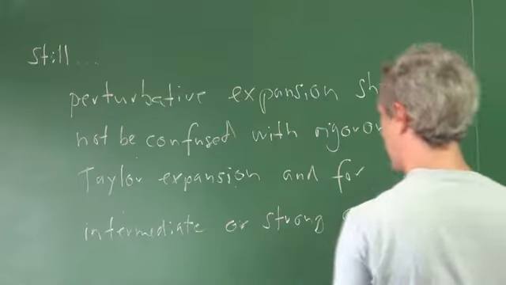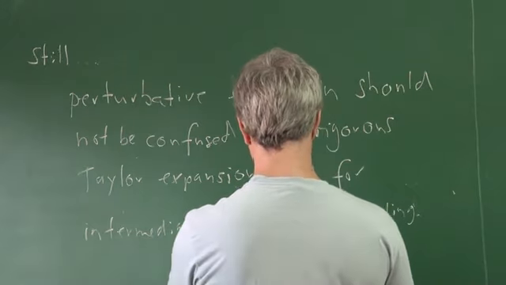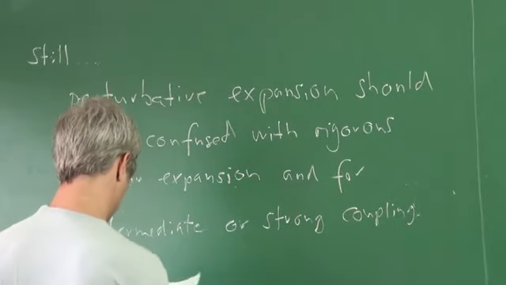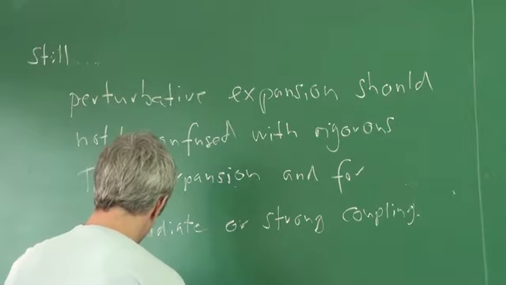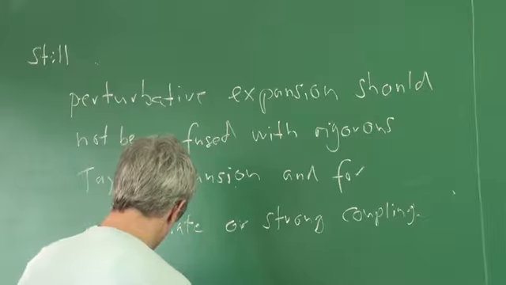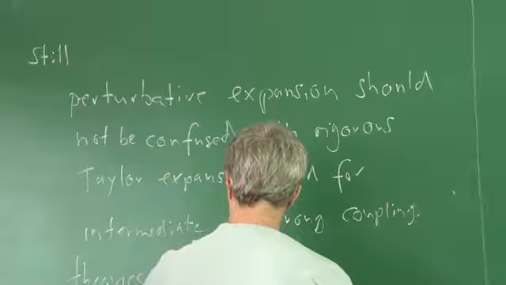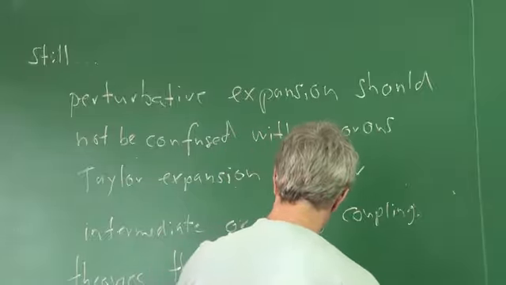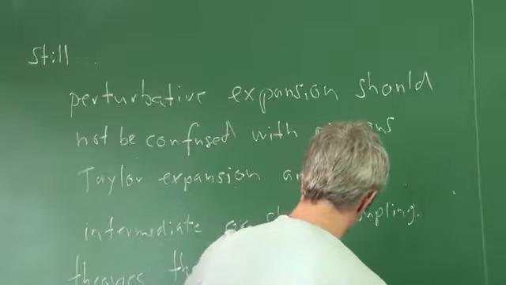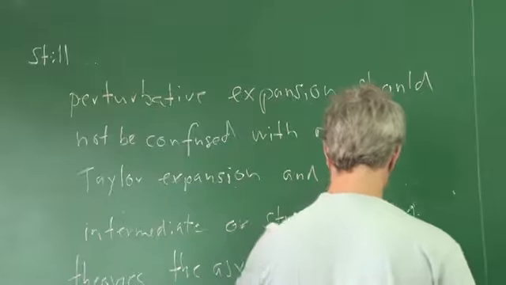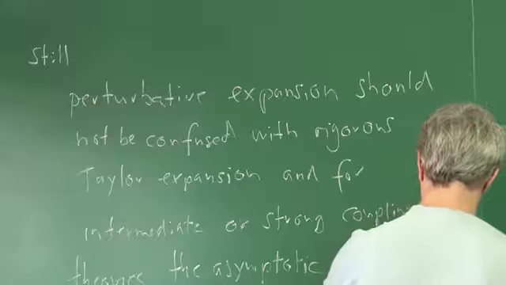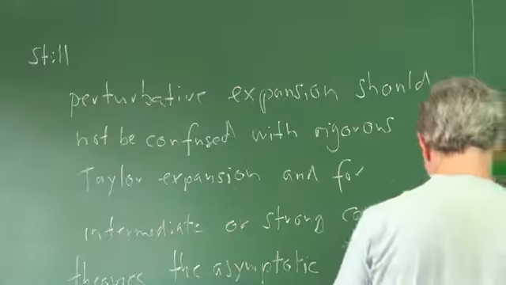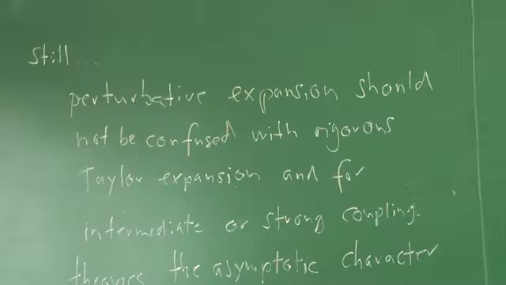For intermediate or strong coupling theories, the asymptotic character of perturbation theory should always be kept in mind.